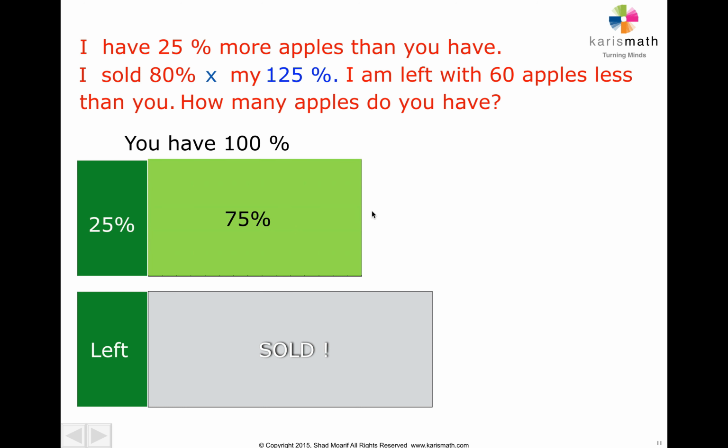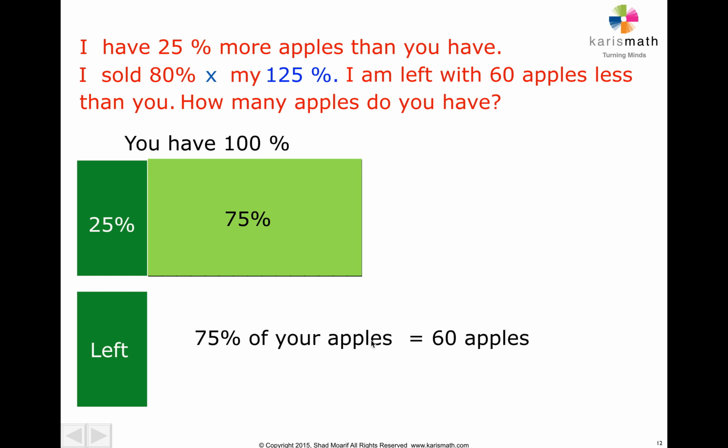And this also represents 60 apples less than all your apples. So if I have left 60 apples less than all your apples, then this must represent 60 apples. So 75% of all your apples must be equal to 60 apples. That's the logic.